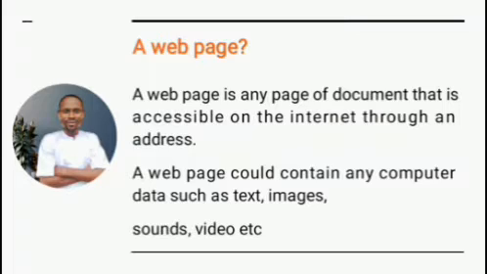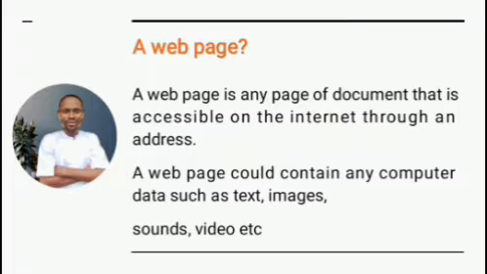The only difference is that the one we call a web page is available on the internet and anyone around the world can access it, whereas the other document on your system is only available to you on your phone or your system, and only you can access it, except you share it with somebody through Bluetooth, a file sharing app or whatever means.